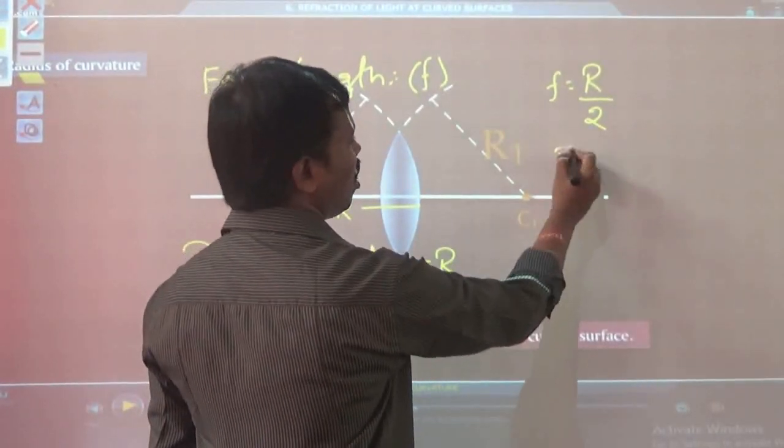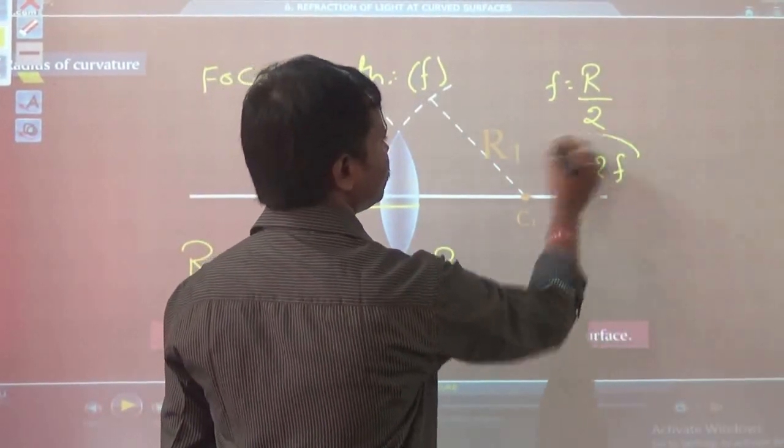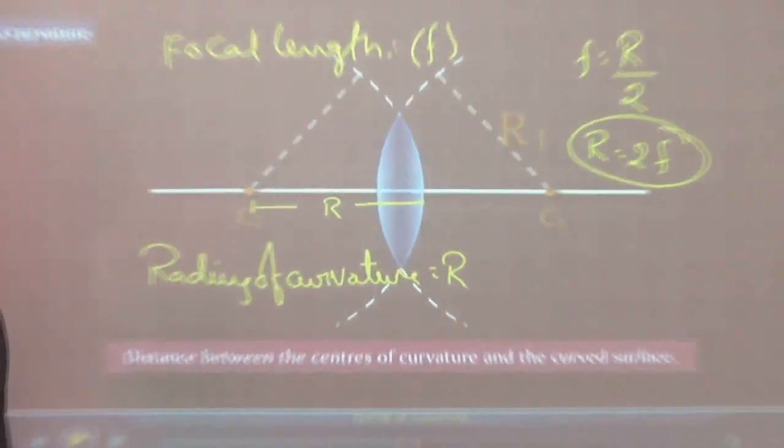From this expression, R is equal to 2f. Most important, R is equal to 2f.